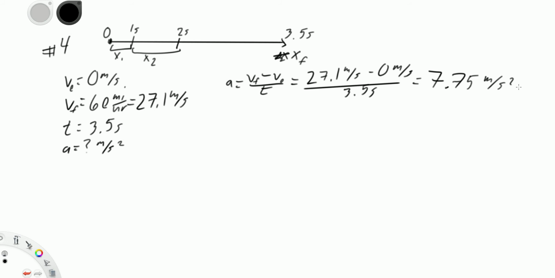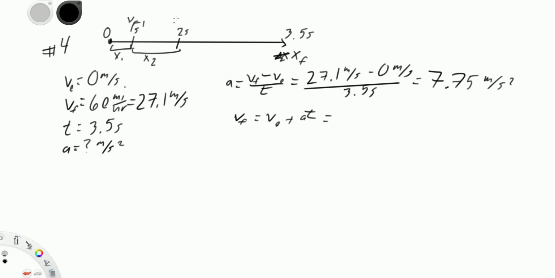Alright, so that's our acceleration. So first, we're going to find how fast it's going here, so we can solve for our displacement. So we want to find our Vf at 1 second. So we go to Vf equals V naught plus AT. We have all that information.